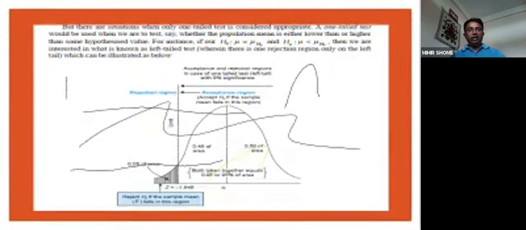For instance, if our H0 is equal to H0 and HA is less than H0, then we are interested in what is known as a left tail test, wherein there is one rejection region only on the left tail, which can be illustrated as below. If it is a one tail test, that means we are taking from the left side and it is 0.05.